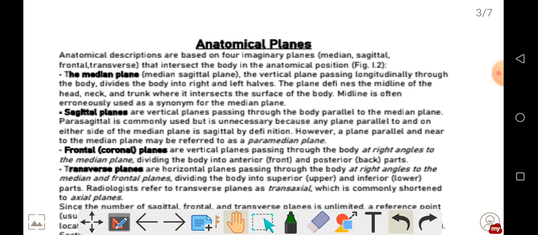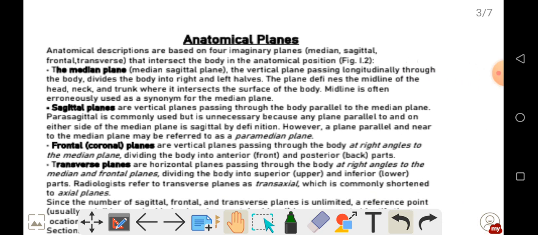At this point, we'll be looking at anatomical terms. Anatomical descriptions are based on 4 imaginary planes: median, sagittal, frontal, and transverse, that intersect the body in the anatomical position as shown in figure 1.2. We are going to see these anatomical planes in the following lecture slides.